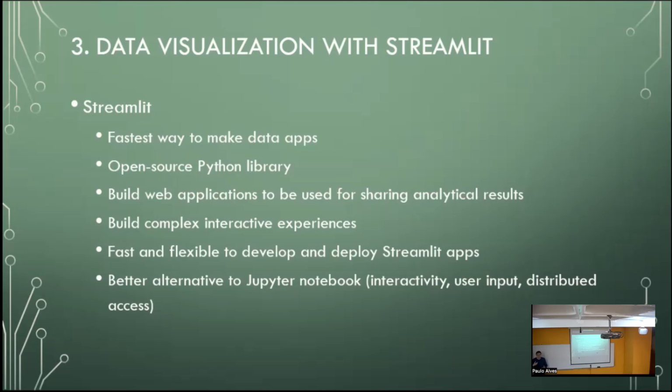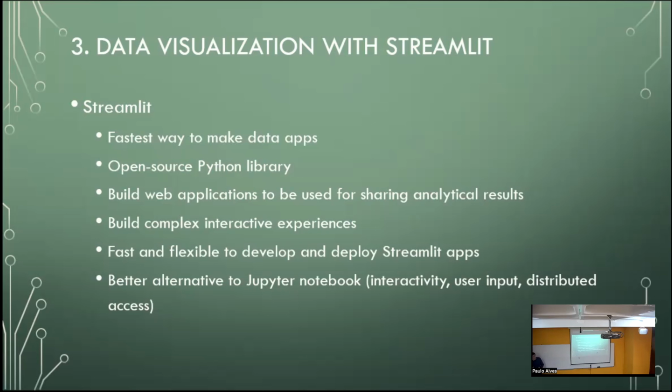to test and create models on Jupyter. But when they want to publish those models for a company, for other professionals to access, Streamlit is a very good tool. Okay, so it's a fast way to make data apps.